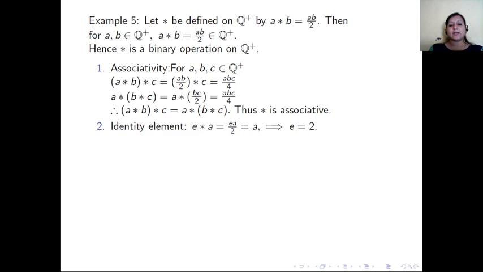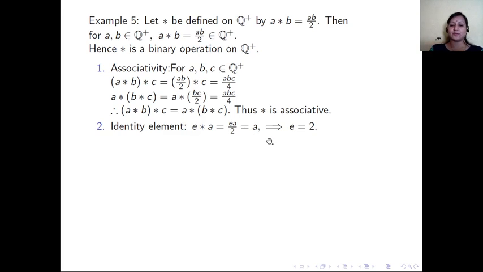Next property is the identity element. Now for the identity element, what do we need? E star A is equal to A. So E star A is equal to, according to the definition, EA upon 2, which is equal to A. So after simplifying, this implies E must be equal to 2. See, we can cancel out A here because A is a non-zero rational number.